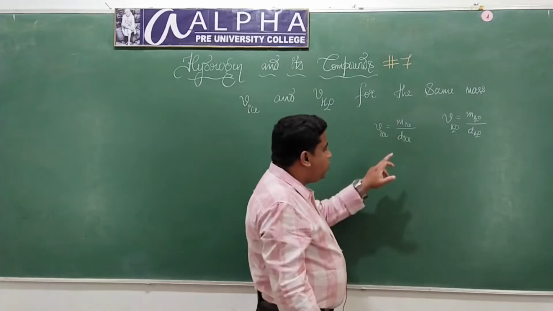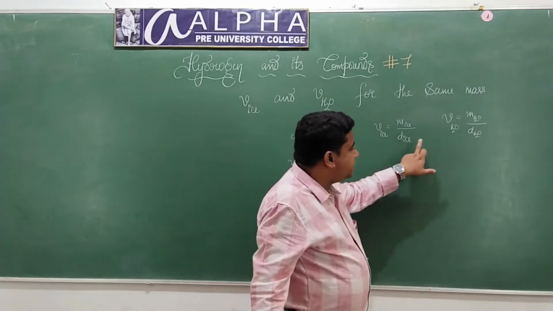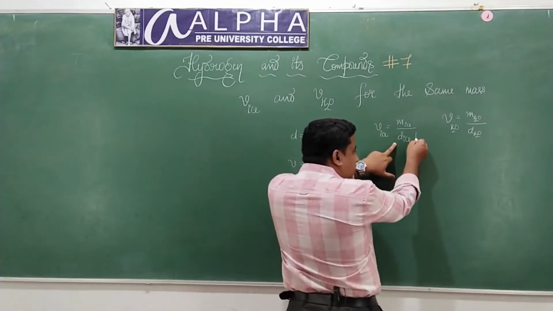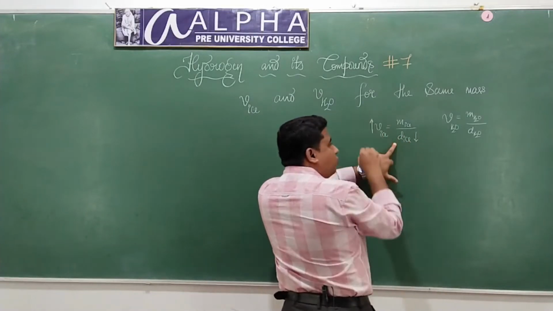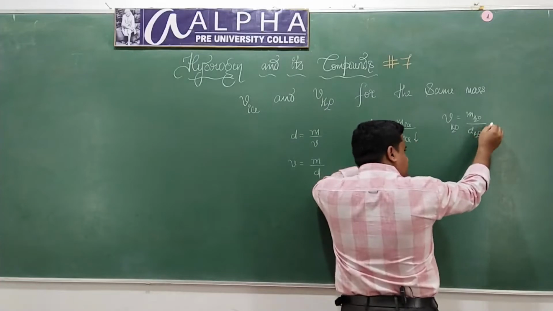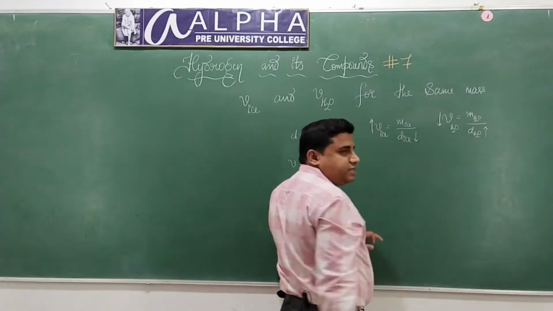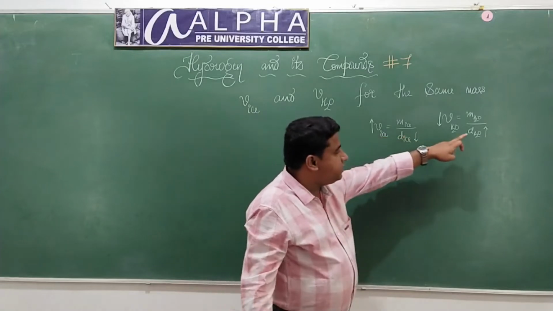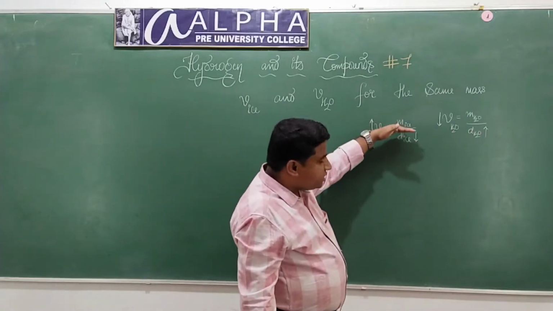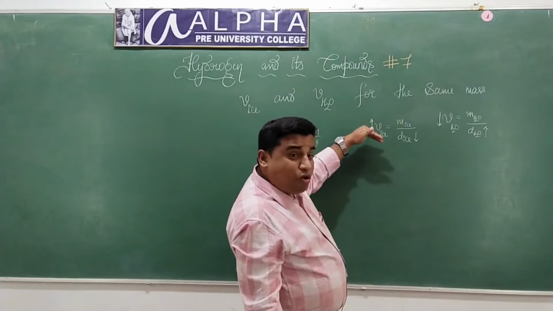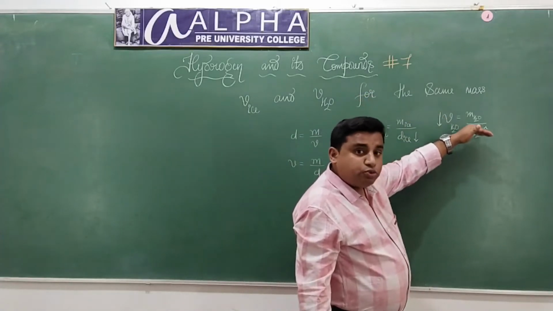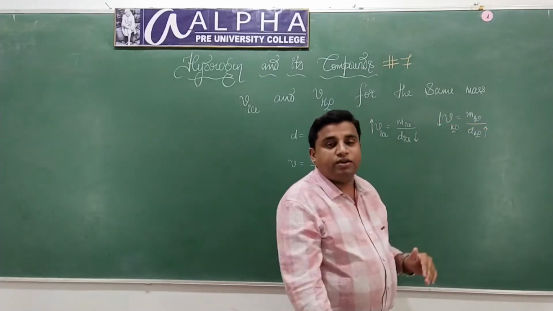Is that correct? We know the density of ice is less than the density of water. Since density is less, volume will be more. Since density is more, volume will be less. Are you able to understand? Since the density of ice is less, the volume of ice will be more, but the density of water is more, hence the volume of water will be less.